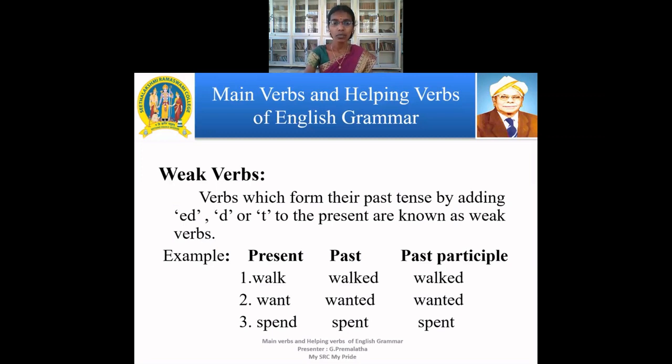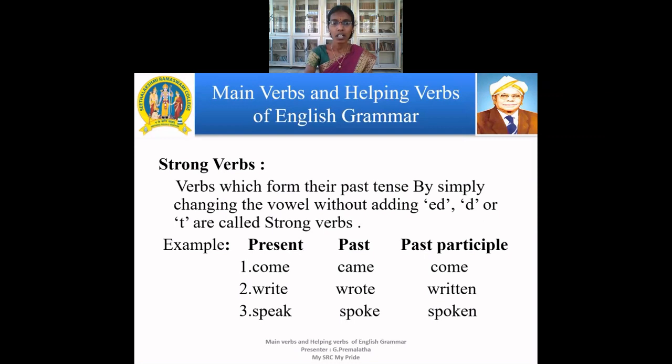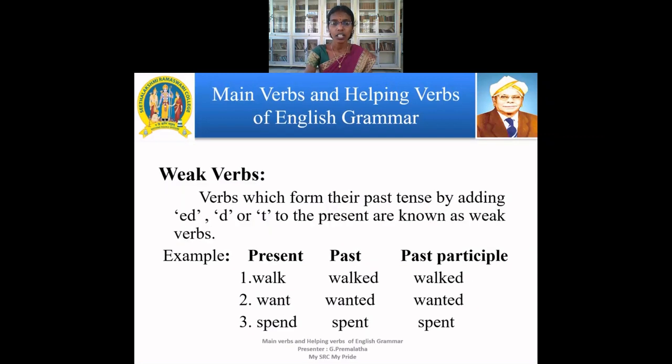For strong verbs, I have given some examples. Come, came, come. In this form, we have 3 different varieties of V1, V2 and V3. If we take the verb write, wrote, written. So V1, V2, V3, all are different. In the same way, if we take the verb walk, walk is V1, walked is V2 and walked is V3.